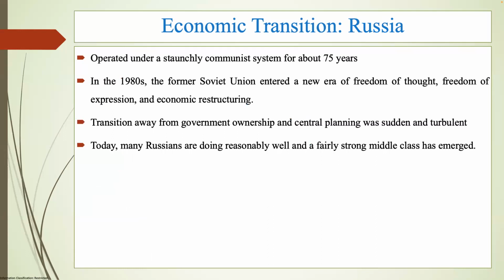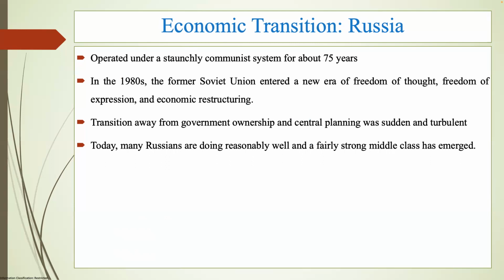Now, economic transition in Russia. Russia's experience with communism began in 1917. For the next 75 years, factories, distribution, and all other facets of operation, including the prices of labor, capital, and products, were controlled by the Russian government. In the 1980s, the former Soviet Union entered a new era of freedom of thought, freedom of expression, and economic restructuring.